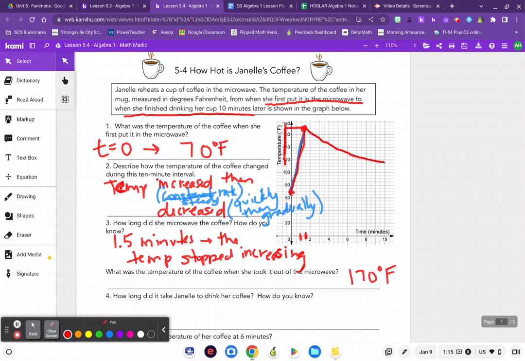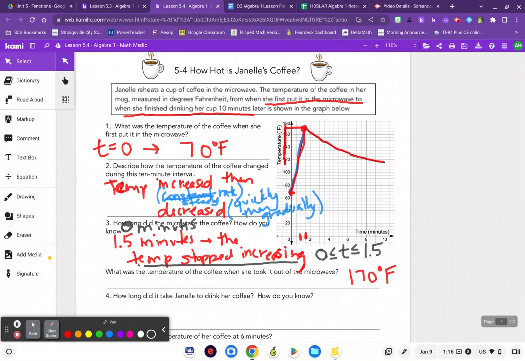All right. So one thing that we did is we went back as a whole group, and we started writing some notes in. Looks like my coffee was in the microwave starting at 0 minutes and ending at 1.5 minutes. And I said it's because the temp stopped increasing. So I really could say that the temperature was increasing from 0, I'm going to say T for temp, to 1.5 minutes.